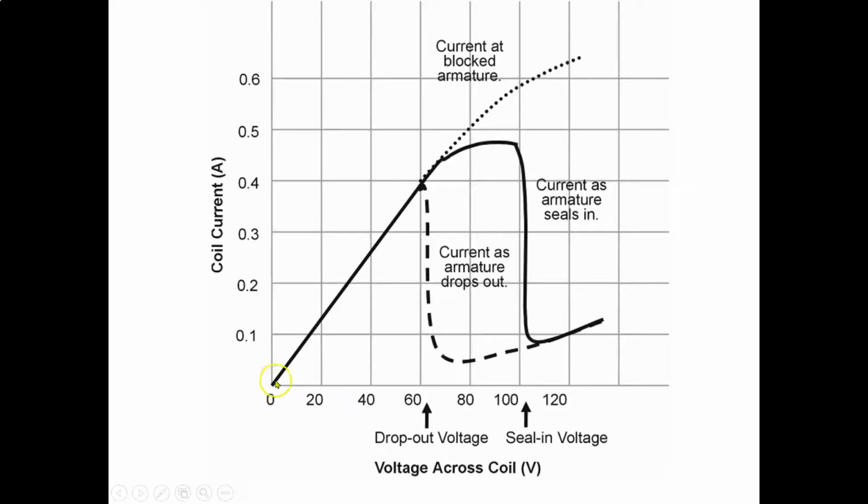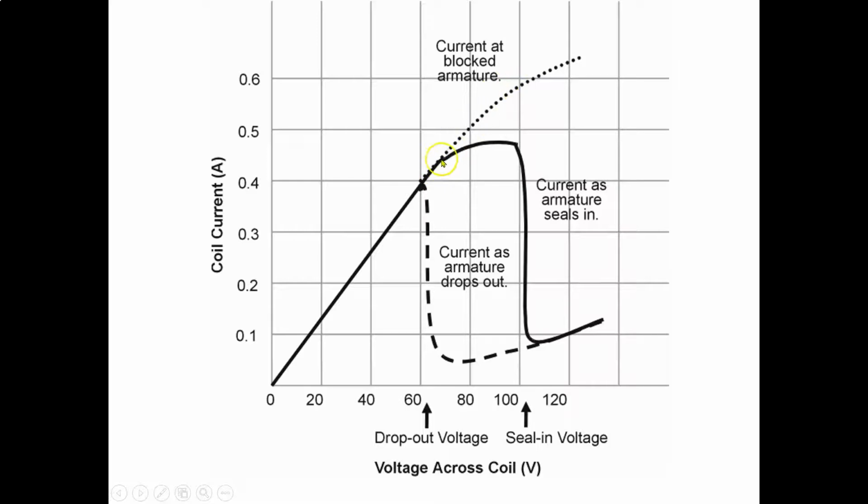So as my voltage starts to increase going to that coil, I'm at about 20 volts. My current is also rising, so my current's going up, my voltage is going up. Right when I get to the seal-in voltage, about 85% here, my current is going to drop.